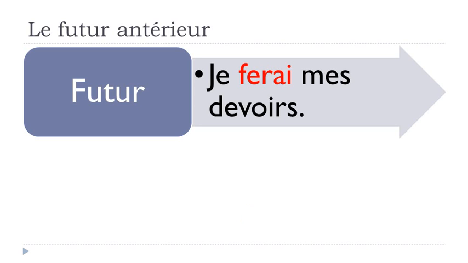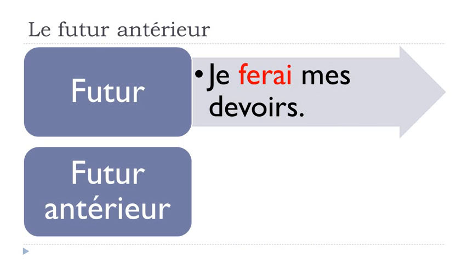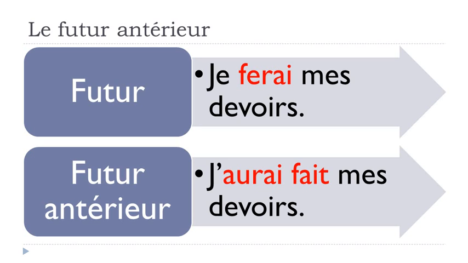At the future form, if we want to use faire, to do, je ferai mes devoirs, my homework, okay? This is the sentence at the future form. And if we've got the same sentence but at the futur antérieur, it will be like j'aurai fait mes devoirs.